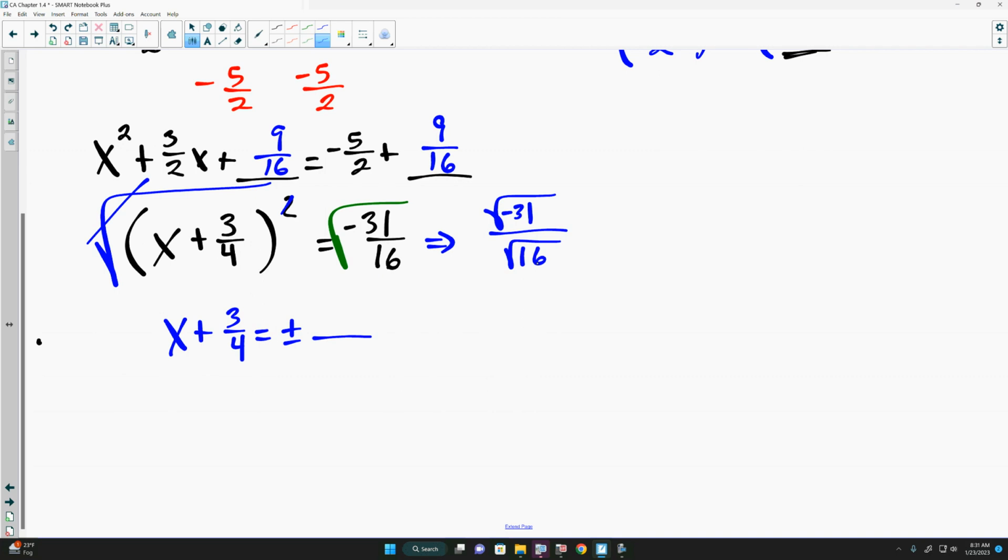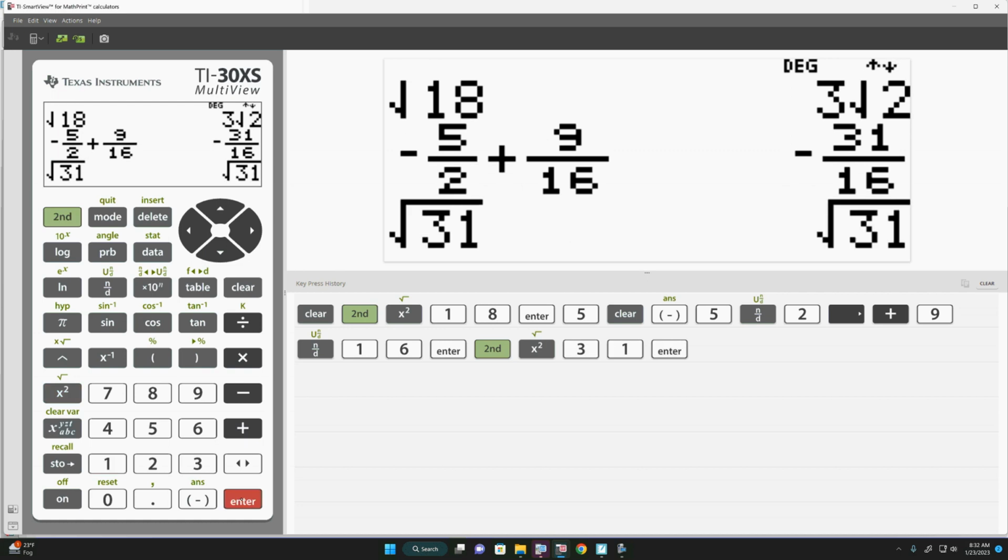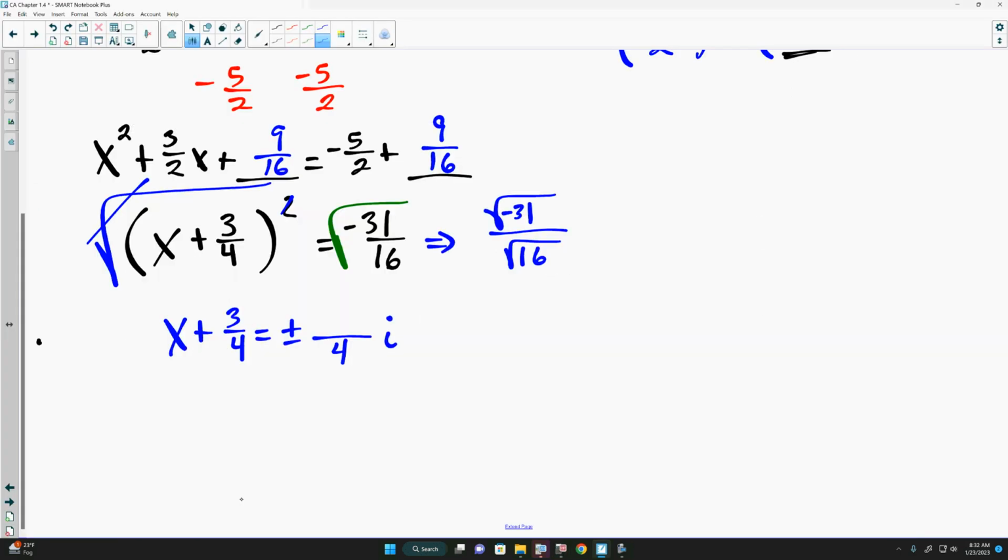Now the square root of 16 is 4. Can we take the square root of negative 31? So we will have i. And we could grab a calculator and take the square root of 31.